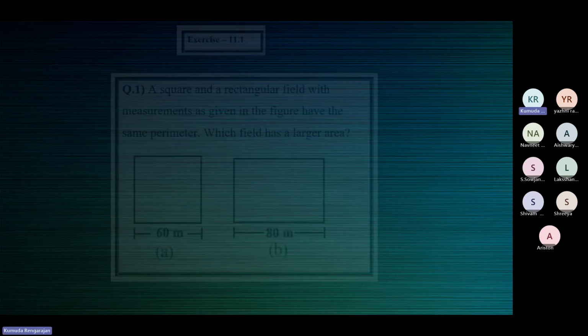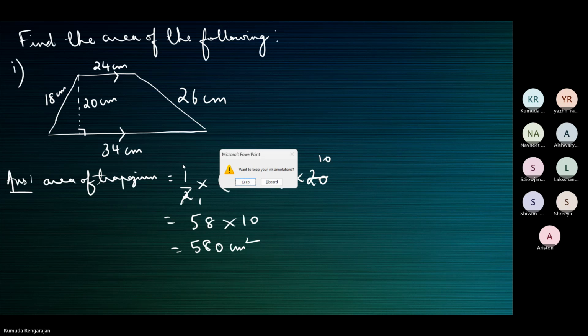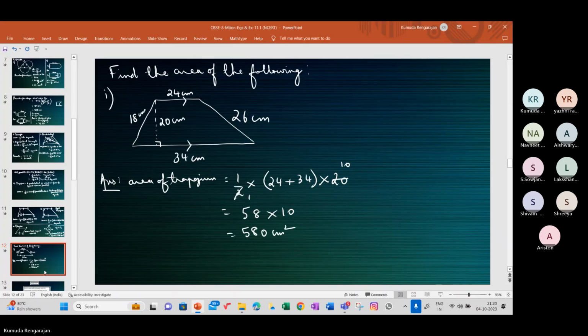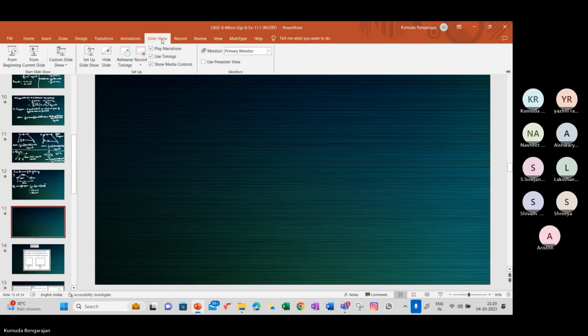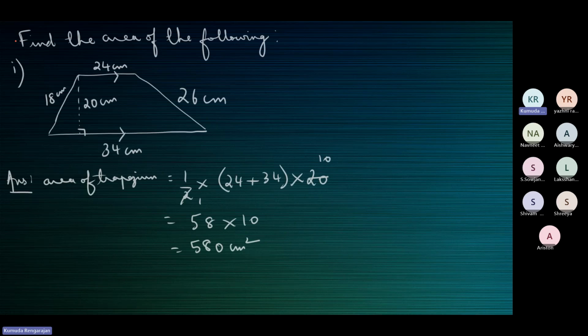Okay, next one. Same heading, find the area.